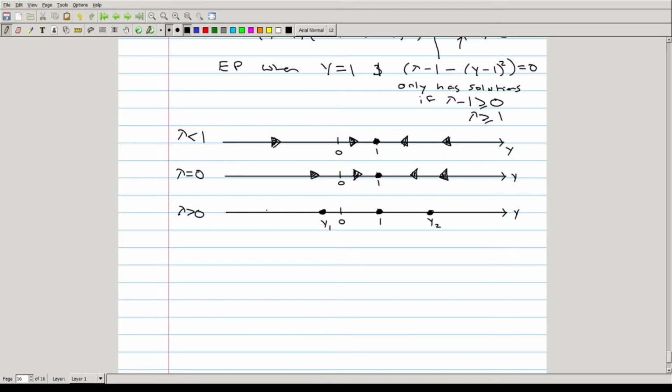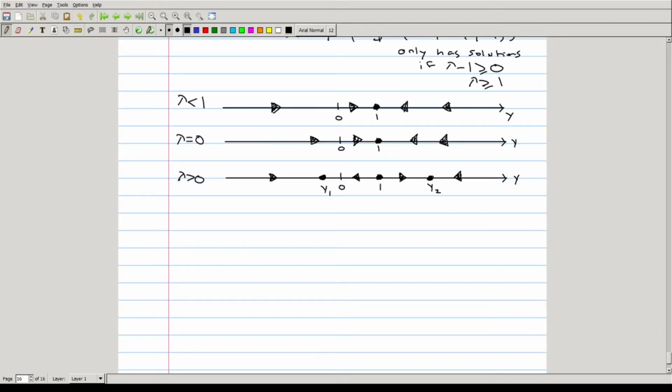And if you look at the value of f in each one of these regions, f is positive to the left of y1. It'll be negative to the right of y1, but less than 1. It'll be positive to the right of 1, to the left of y2, and it'll be negative to the right of y2. So the pitchfork bifurcation is when we go from having one critical value to having three critical values, and the stability of these is changing.